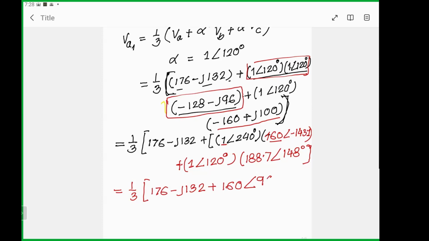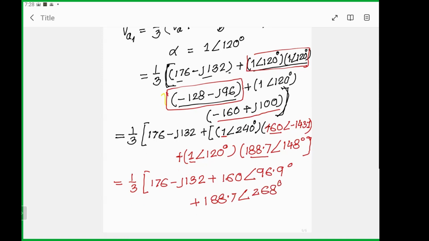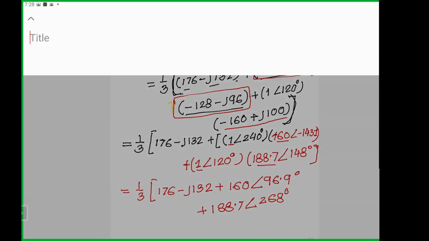Yep. And that will be plus. Then this one will be multiplied with this one. That will give me 188.7, and the angle is 268, right? Yep.